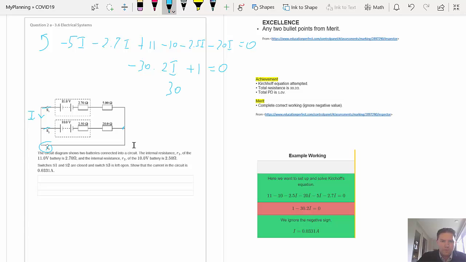So I get 30.2i equals 1, or I equals 1 over 30.2, which is 0.03 amps. Boom, with a merit.